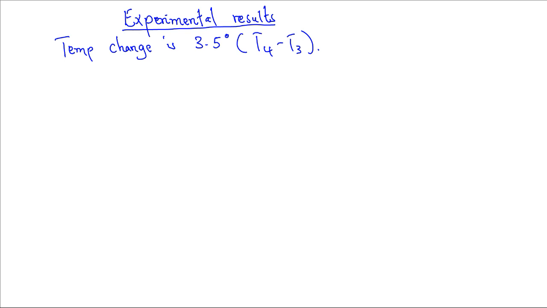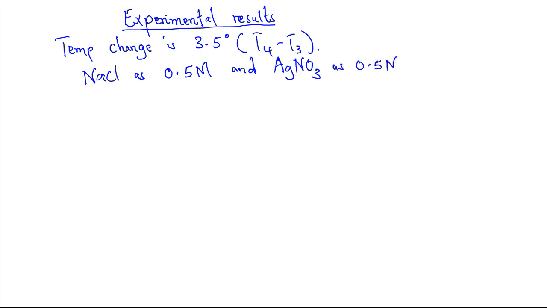We want to use this temperature and molarity of sodium chloride as 0.5 molar and that of silver nitrate as 0.5 molar. Let's use this result obtained to calculate enthalpy of precipitation of silver chloride.